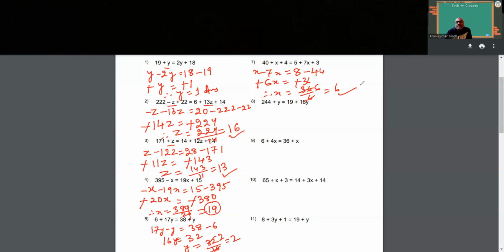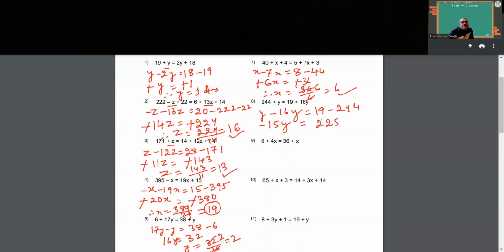Let's see another sum. Here, on left side, this is y minus 16y, and that will be equal to 19 minus 244. So here it is minus 15y, and that is, so 244 minus 19, so 244 minus 20 is 224, so it is 225.